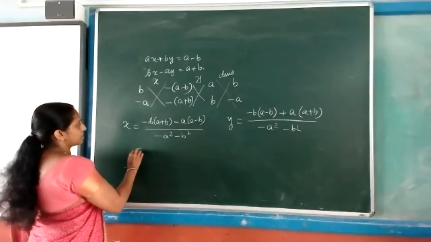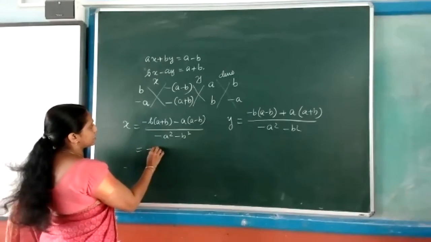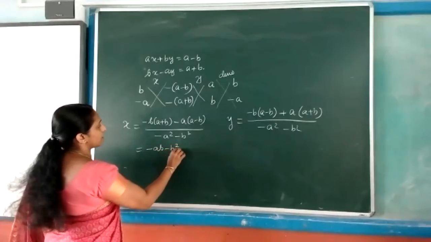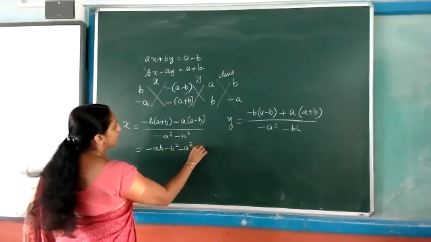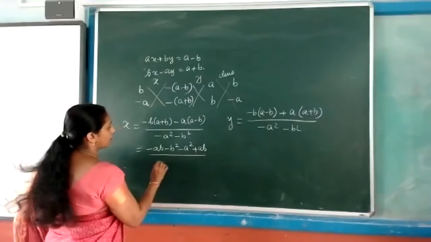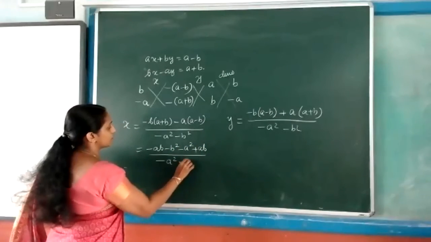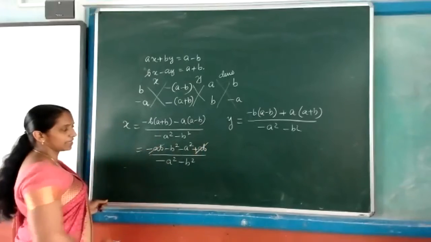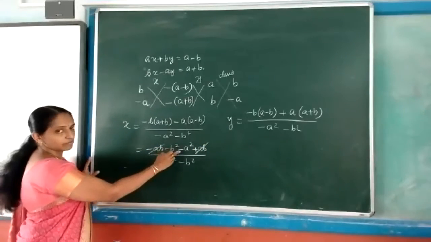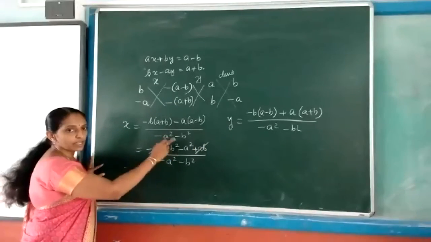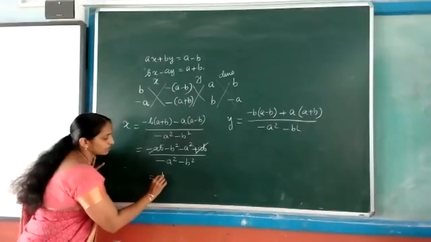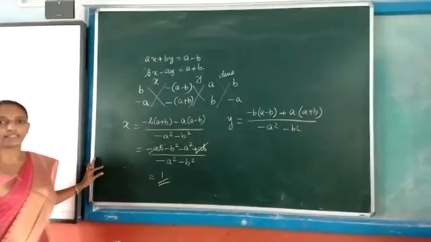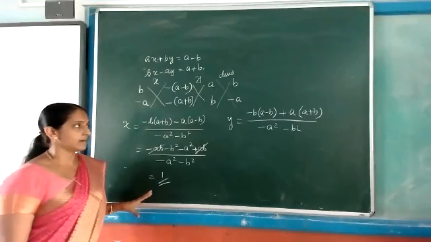Okay, so if you are removing the bracket, minus ab minus b square minus a square plus ab upon minus a square minus b square. Minus ab plus ab cancel, and numerator and denominator are both the same, so both will cancel. You will get the value of x as 1.